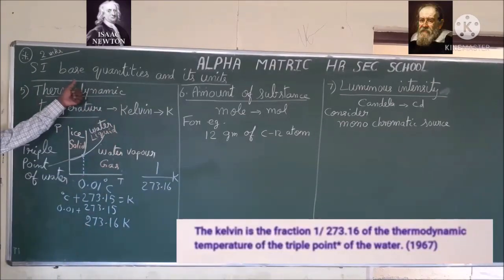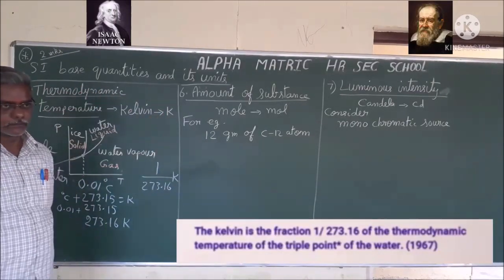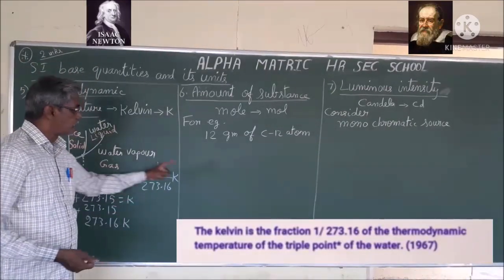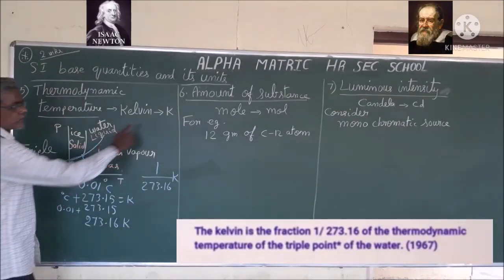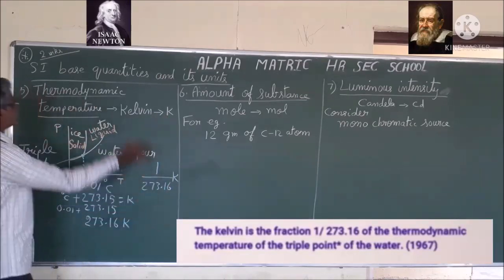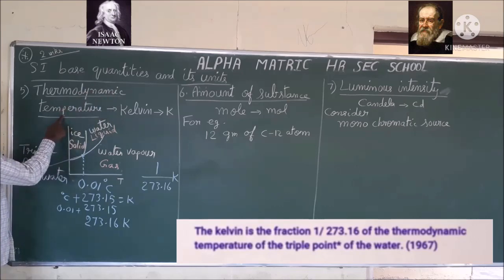Now, I can define 1 Kelvin. 1 Kelvin is a fraction of the thermodynamic temperature of the triple point of water.